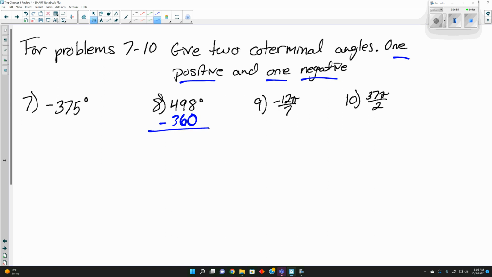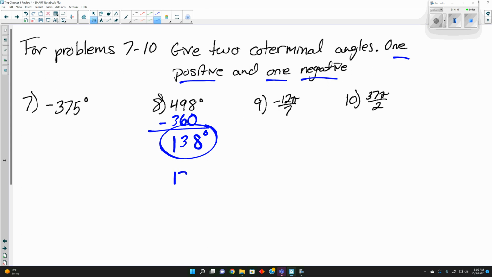I can subtract 360 degrees from it. And if we do this, 831. So there's one coterminal angle, yes? And we didn't have to add 360 to get it, because we just subtracted 360 to try to get a negative, but it's still positive, yes?